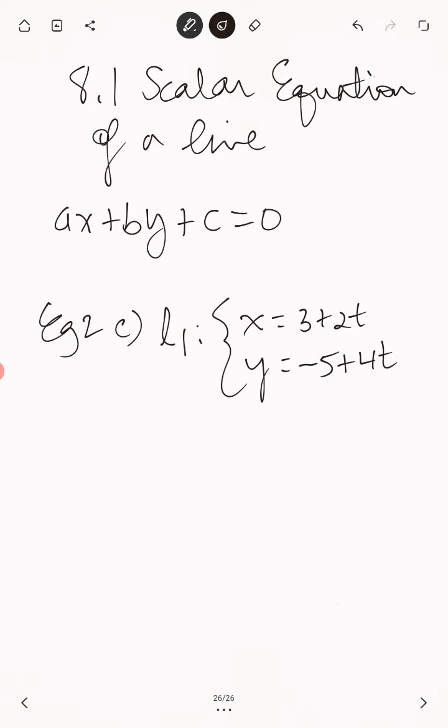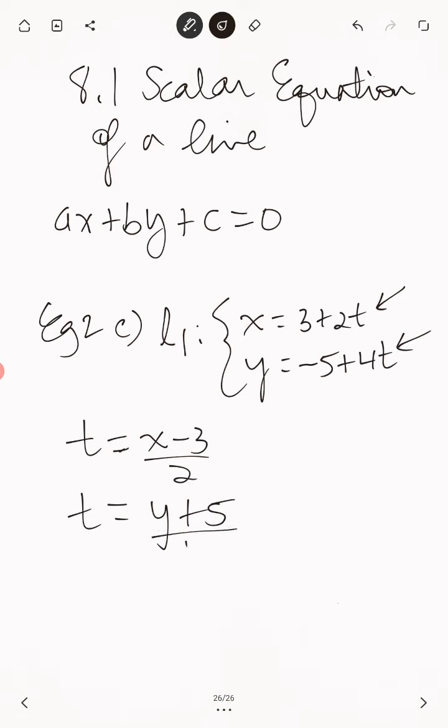So one way that we can do this is simply to isolate the parameter in both parametric equations, since the parameter is the same. So if we isolate t in the first equation, we get t equals x minus 3 over 2. And in the second equation, we'll get t equals y plus 5 over 4.